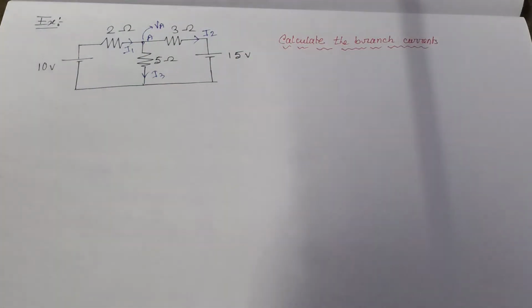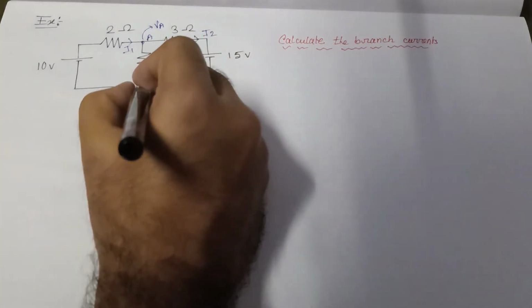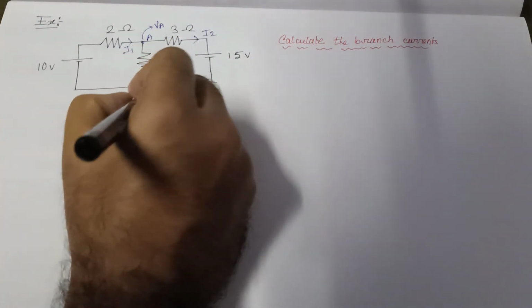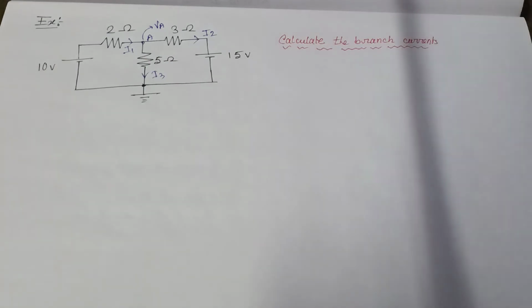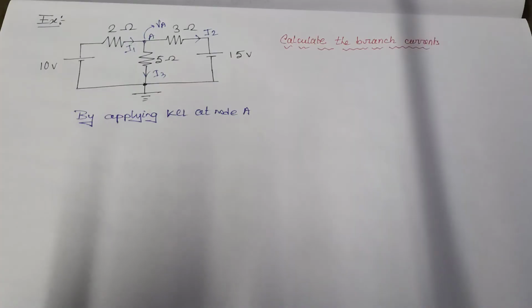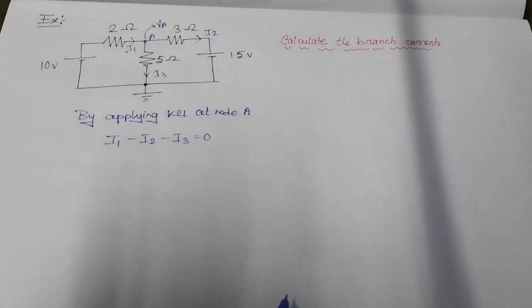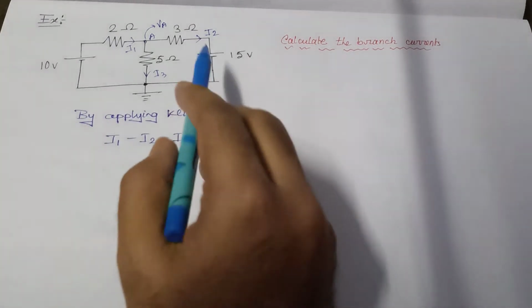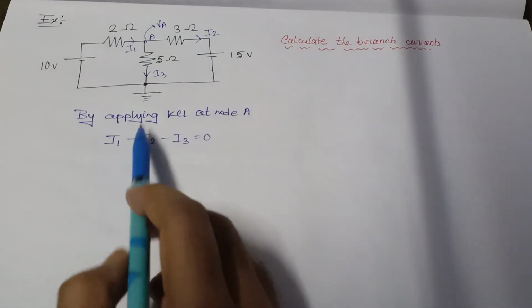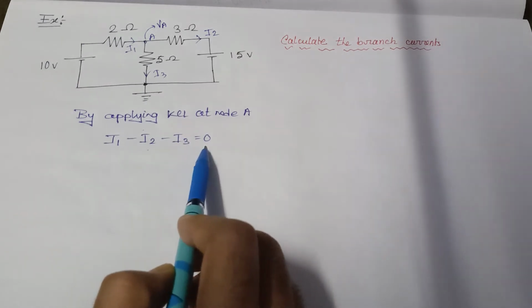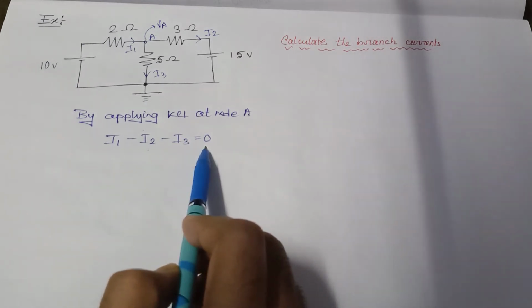And one thing more, I said that the circuit should be grounded, so I am grounding this common node. Now by applying KCL at node A, the incoming current I1 minus outgoing current I2 minus outgoing current I3 is equal to 0, because the algebraic summation should be 0.